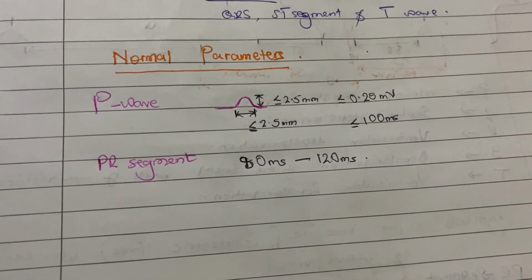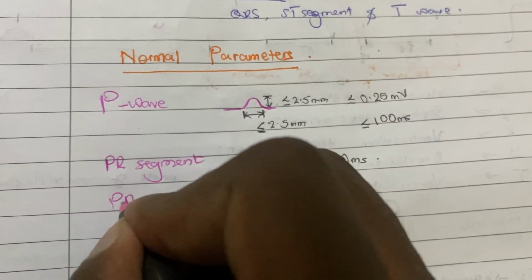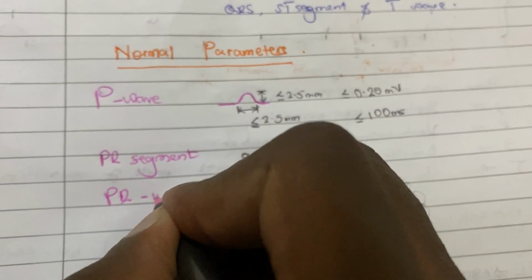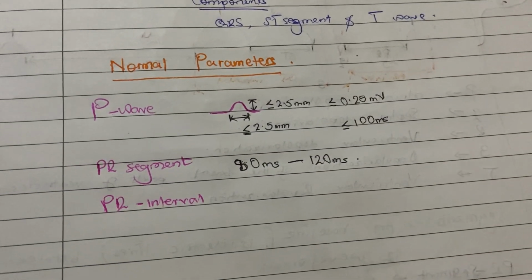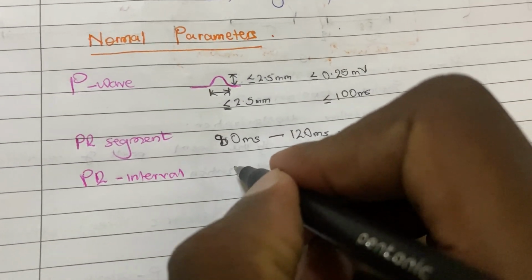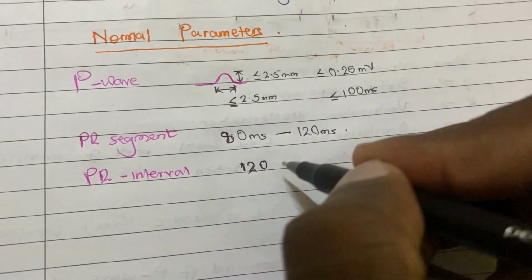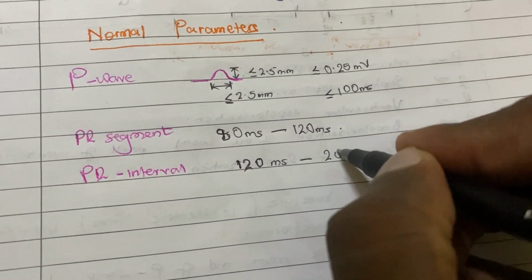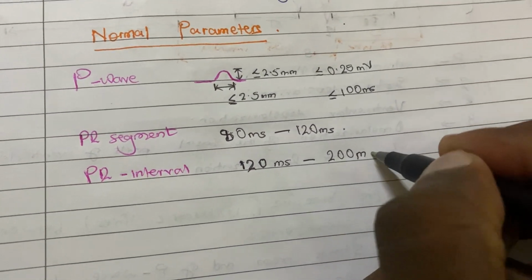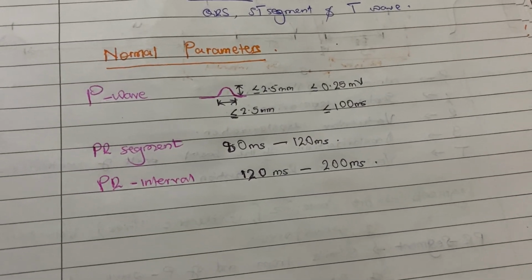And then next is the PR interval. It should be 120 milliseconds to 200 milliseconds.